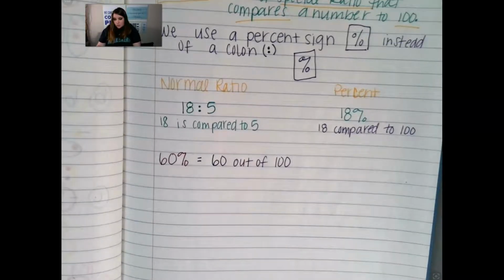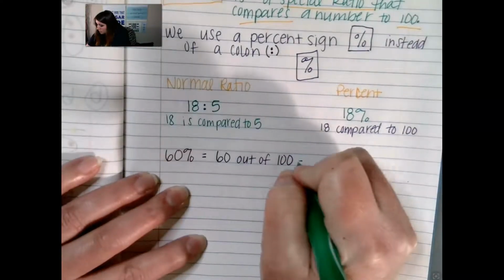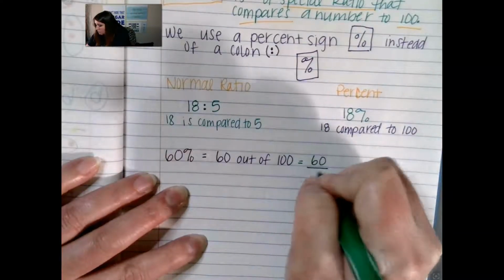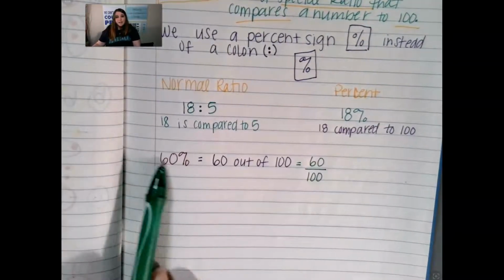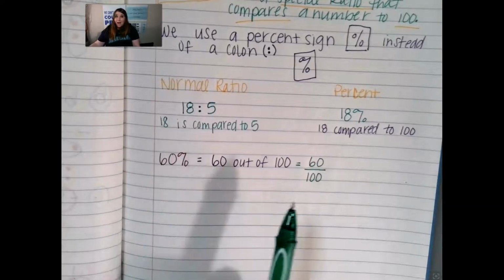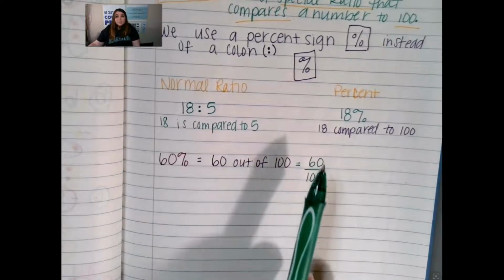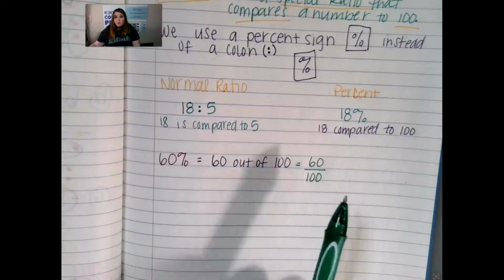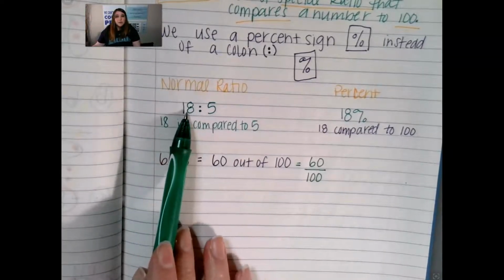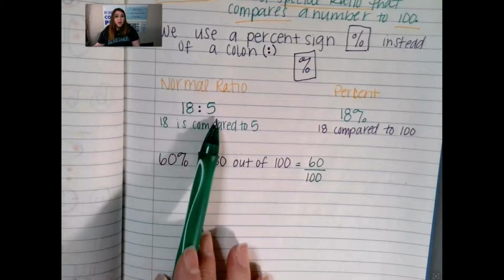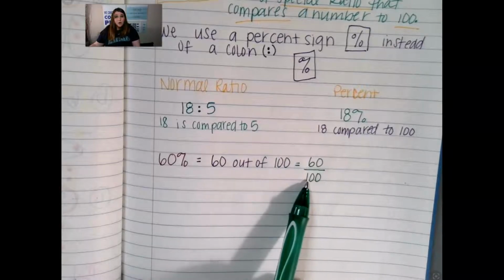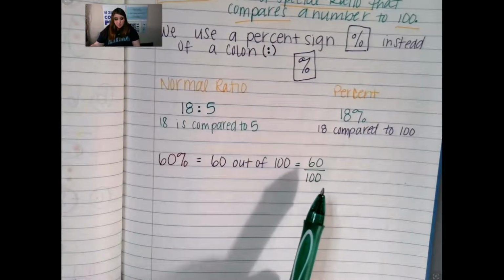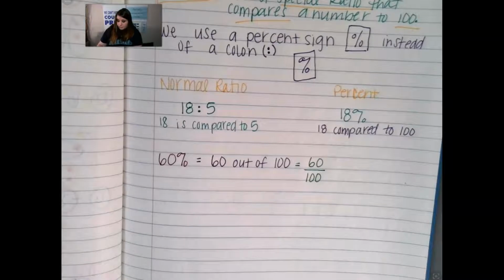It's also like saying 60 over 100. So you have 60%, which means 60 out of 100, but it also means 60 over 100. Remember when we wrote our fractions up here, like 18 over 5? Here, instead, it's 60 over 100. Everything is being compared to 100.